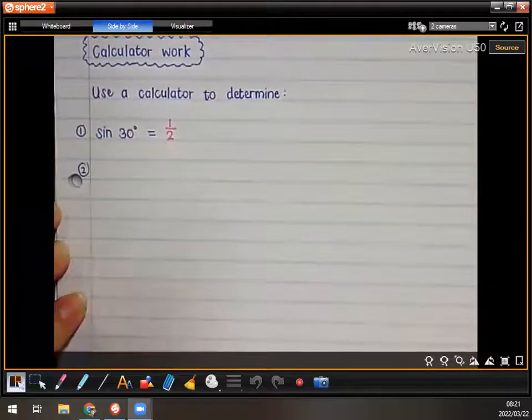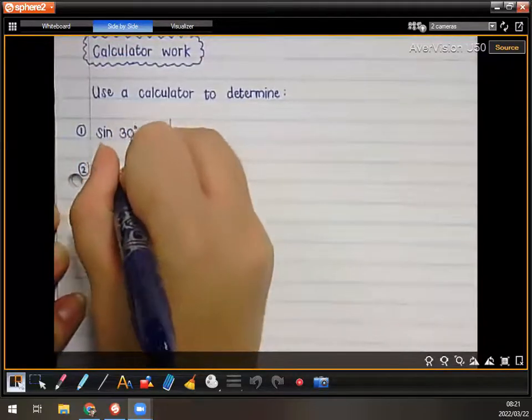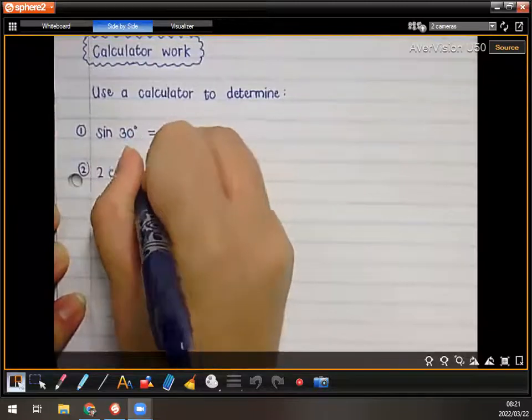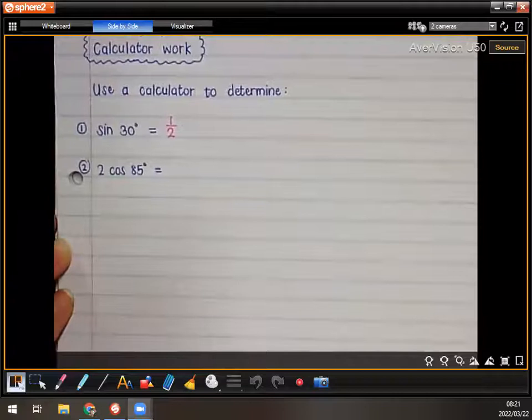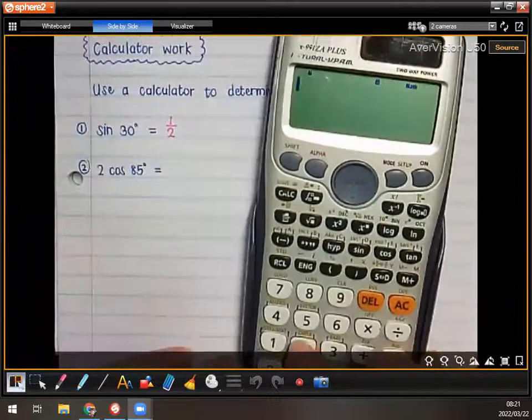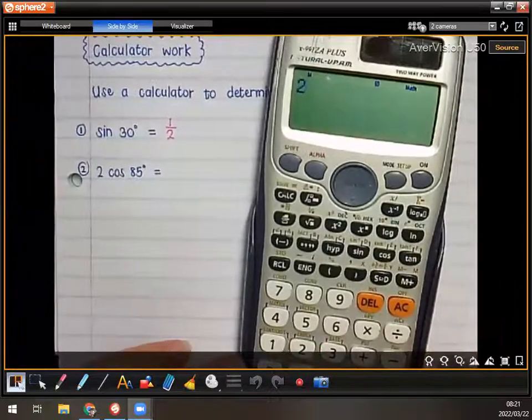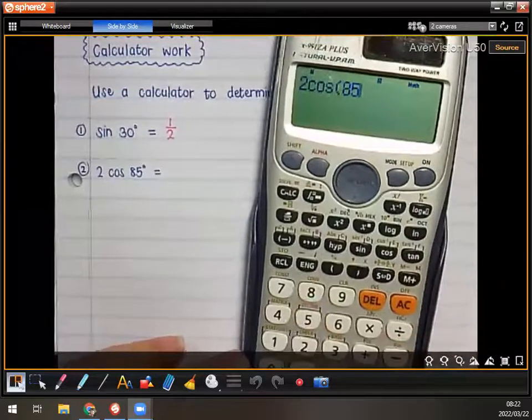Okay, number 2, we are doing 2 cos of 85 degrees. Again, you can just type it into the calculator as it is, 2, then the cos, 85.